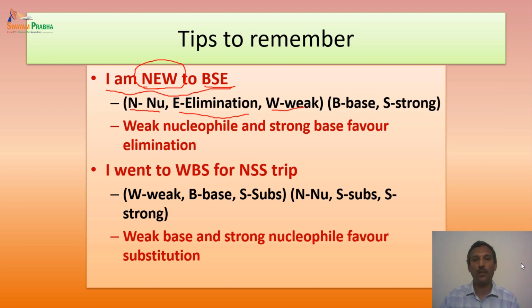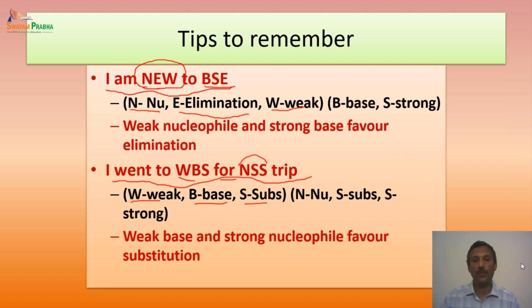And on the contrary, you can also remember the second one. I went to WBS, to NSS trip. That means West Bengal state, I went for an NSS trip. So this is another thing which you can remember like a mnemonic. W here is weak, B is base, S is substitution. So that means a weak base favors substitution reaction.